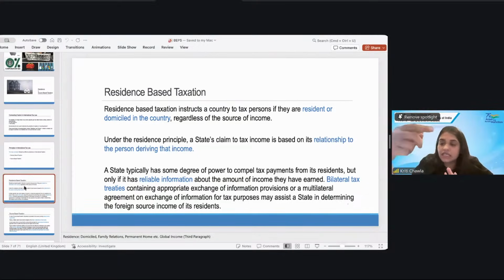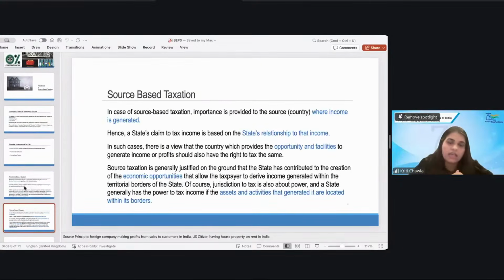Now, the next thing is something called source-based taxation. In case of source-based taxation, the importance is given to the source country where income is generated. Let's say there is a foreign company making profits from sales to customers in India.